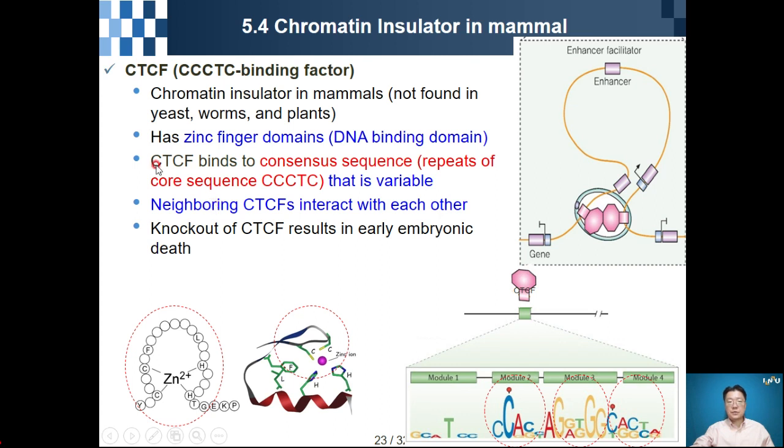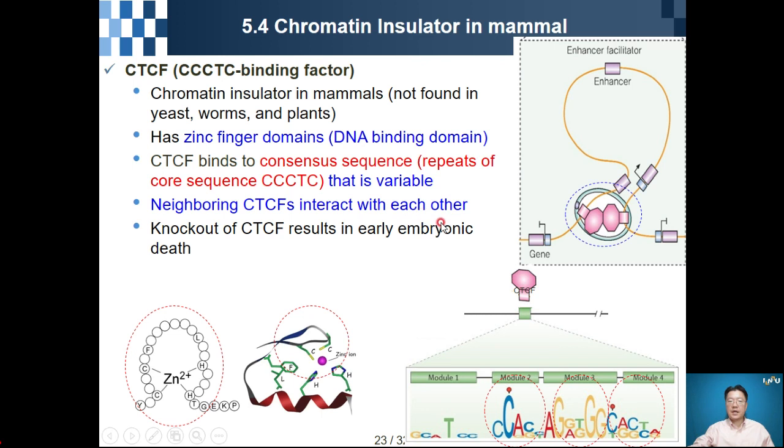So CTCF can bind to the consensus sequence, which is mainly repeats of the core sequence CCCTC, but this sequence is a little bit variable. And this is one CTCF, and this is another CTCF, and neighboring CTCFs interact with each other.